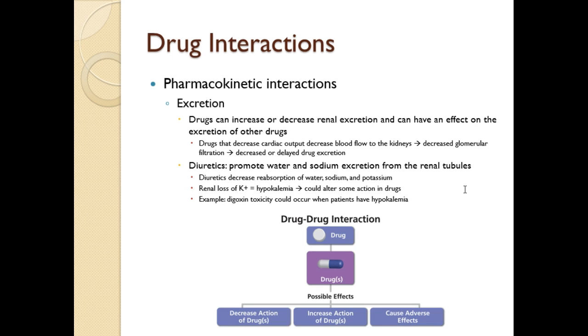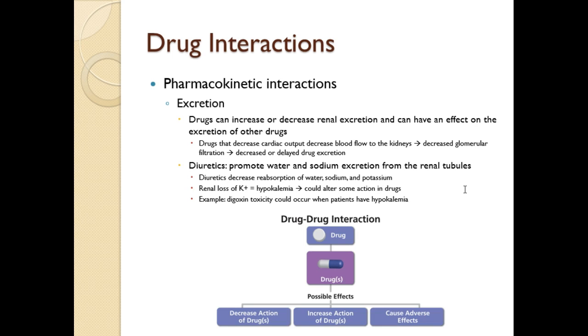If a patient is taking a diuretic and combining it with another drug, diuretics will promote water and sodium excretion. So there are electrolytes that could be lost when a patient takes diuretics. So this could actually alter some action in drugs.